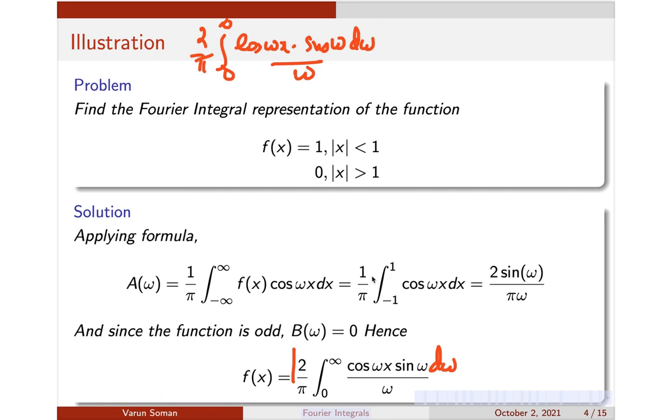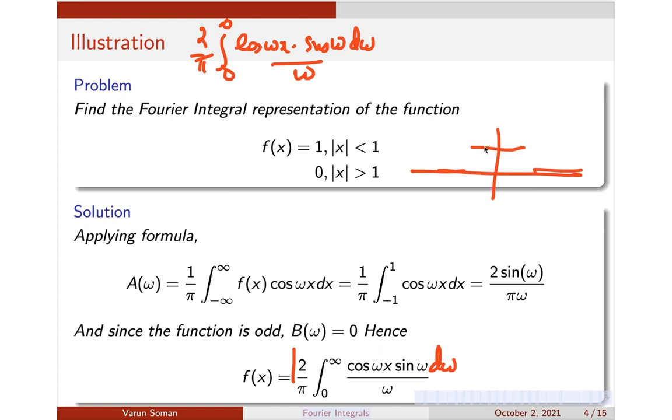Look at f of x. Where is f of x continuous? F of x is continuous at all points from minus 1 to 1, and also for all points which are greater than 1. But at the point 1, this function is not continuous. Why? If you just draw this function, you can see that. This is your f of x. At all points from minus 1 to 1, the value is 1. Rest your value is 0.